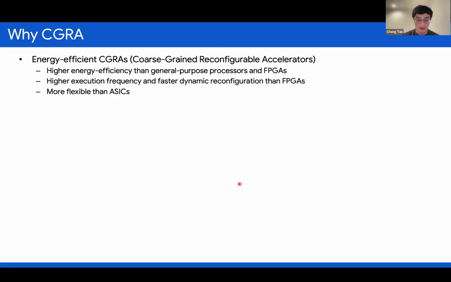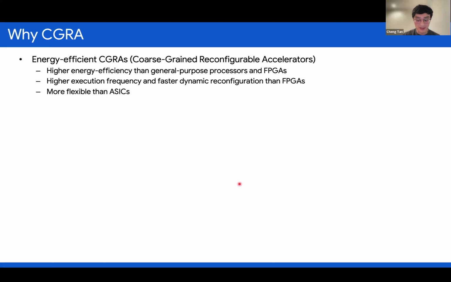CGRA works at the functional unit level. And CGRA is more flexible than ASIC, because an ASIC is an application-specific integrated circuit, only serving a single application. Even though nowadays some machine learning ASICs have some flexibility in serving different tensor sizes, they still have kind of fixed functional units, right?